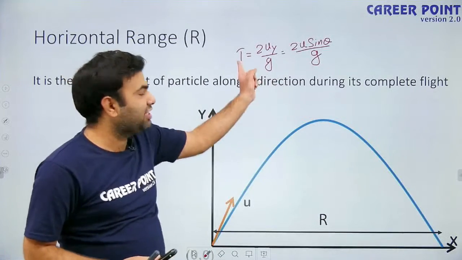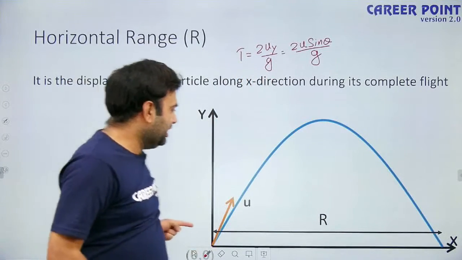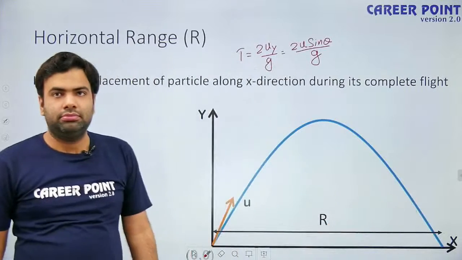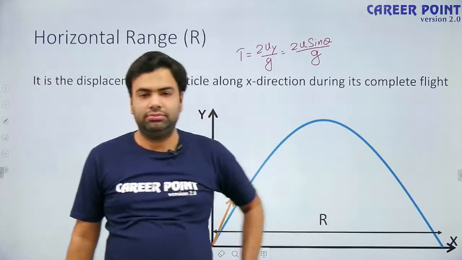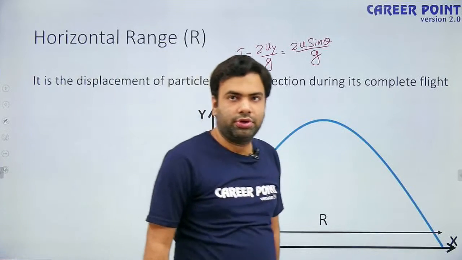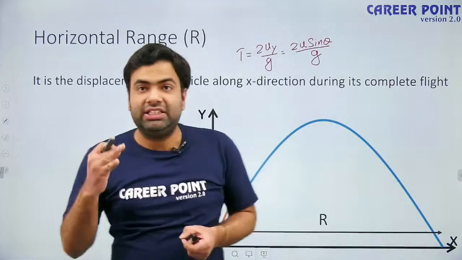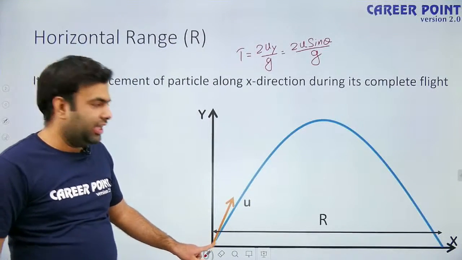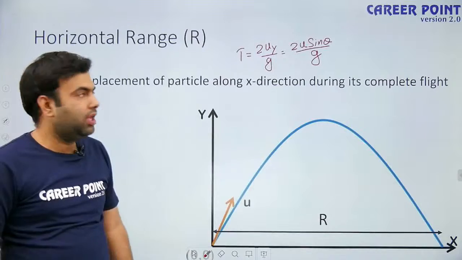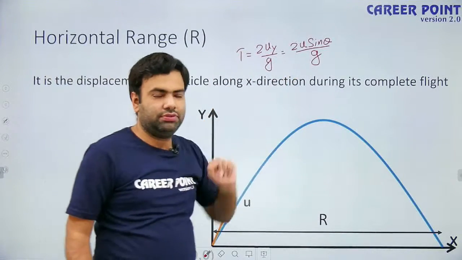Now, if I can calculate the displacement in x direction in this time, then this displacement will be equal to its horizontal range. Are you getting my point? If I can calculate the displacement of this projectile in x direction during this time, that is the range.